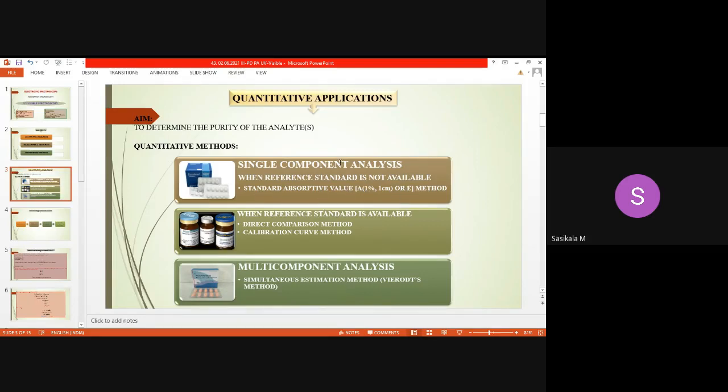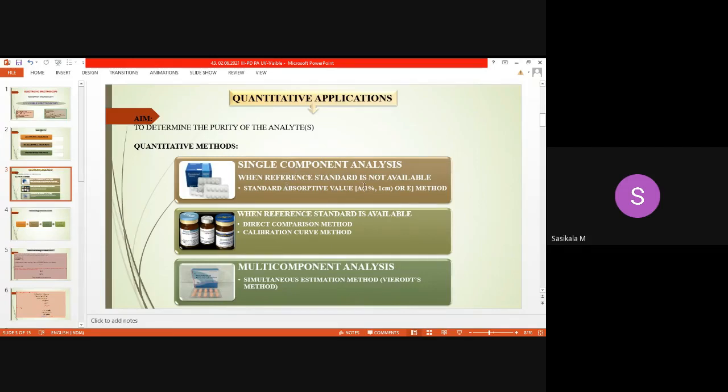This method is followed in the Indian pharmacopoeia: most single component drug analysis follows this category of method. You can find the standard value for any drug performed by the A 1% 1 centimeter method in the pharmacopoeia itself, so the official pharmacopoeia follows this method.